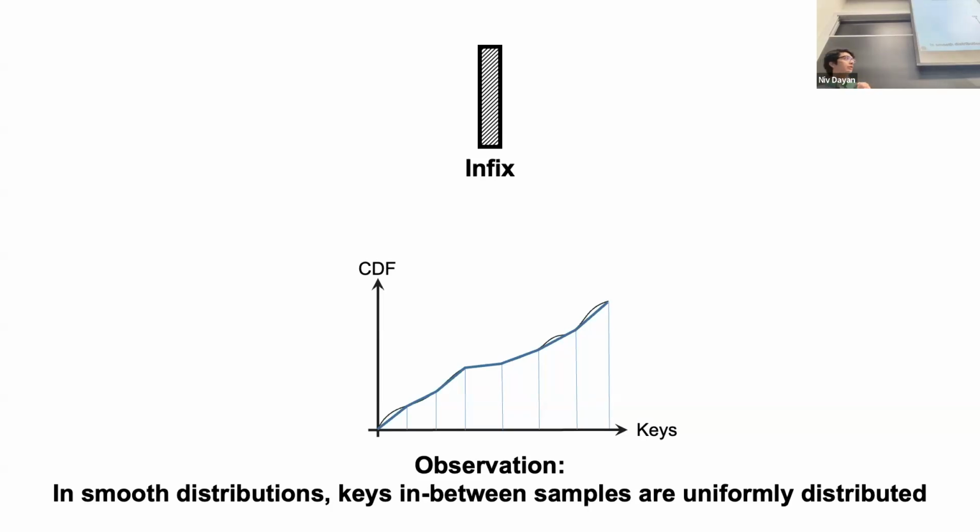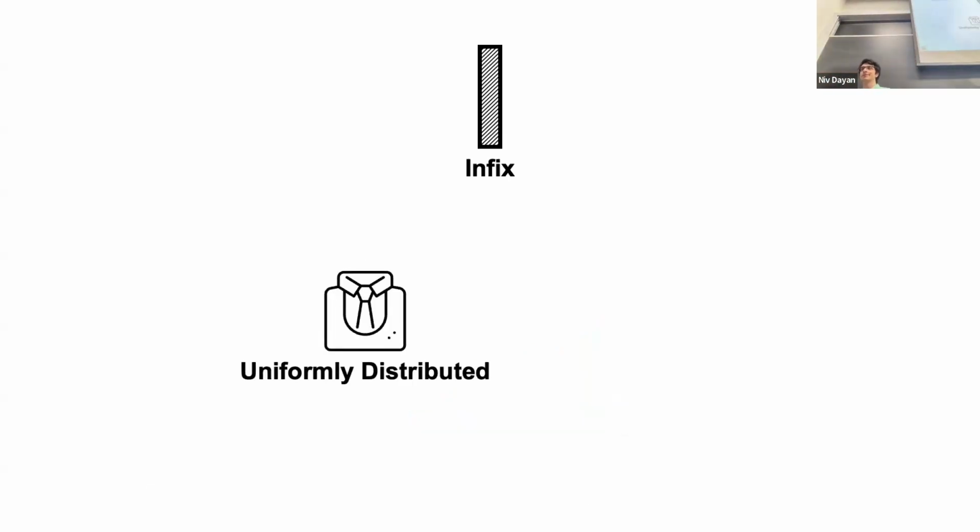Now, because the actual keys underneath are uniform in between the samples, if you remove the longest common prefix and just take the infix that follows, that infix itself is also going to be uniformly distributed. And they're nice because they are also order preserving.